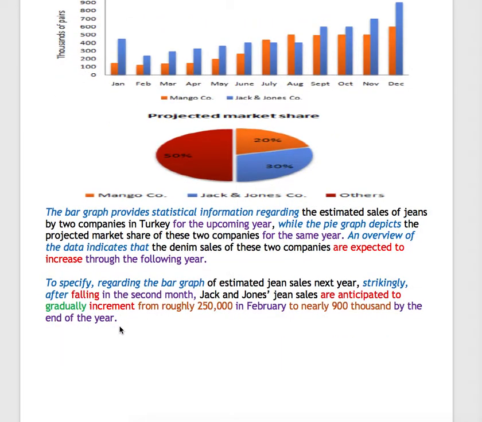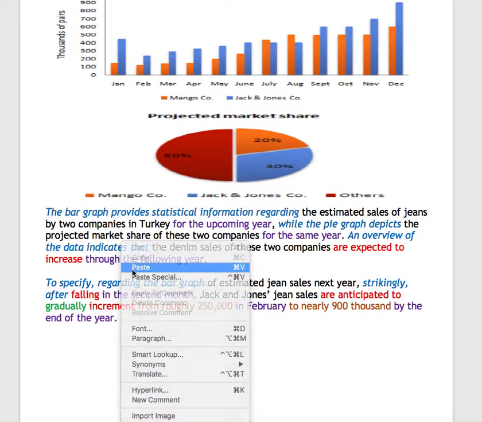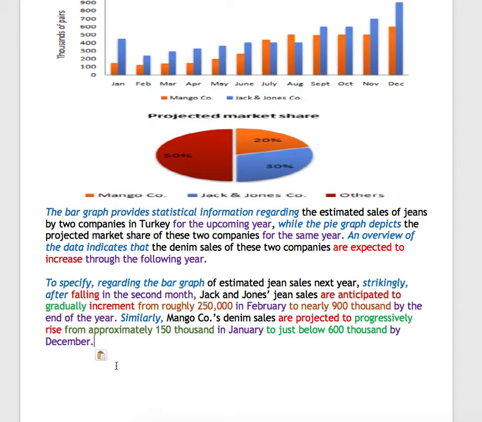So now we should talk about Mango and Co. It says similarly, Mango and Co.'s denim sales are projected to progressively rise from approximately 150,000 in January to just below 600,000 by December.